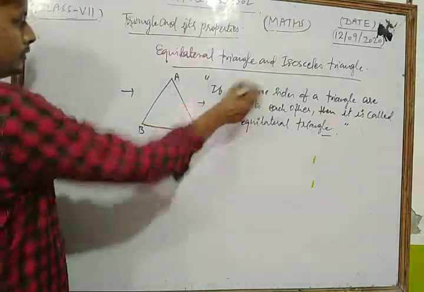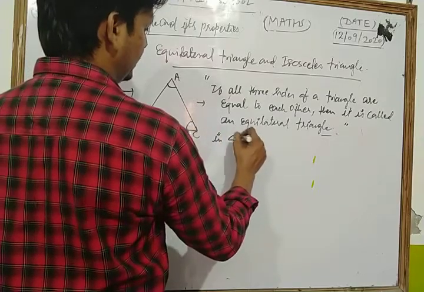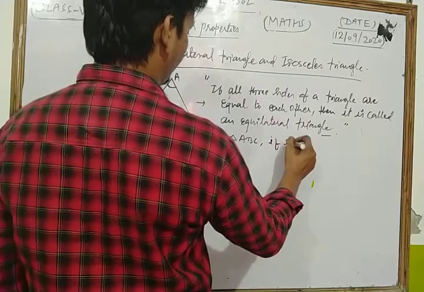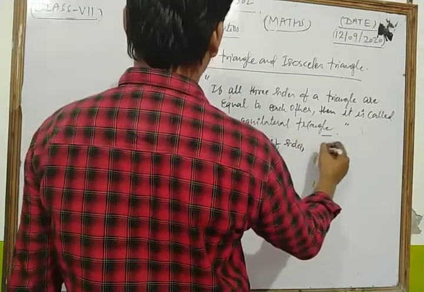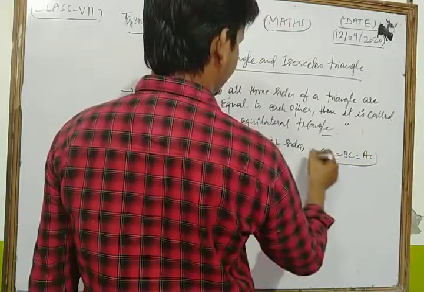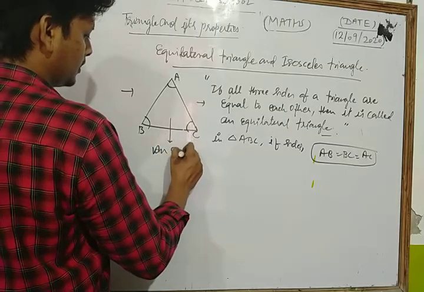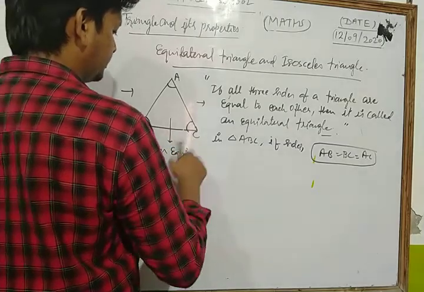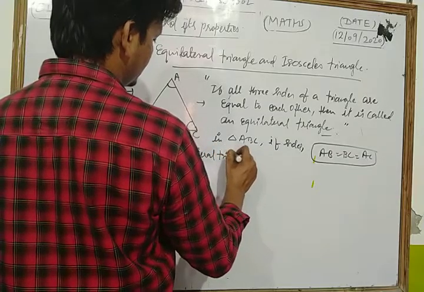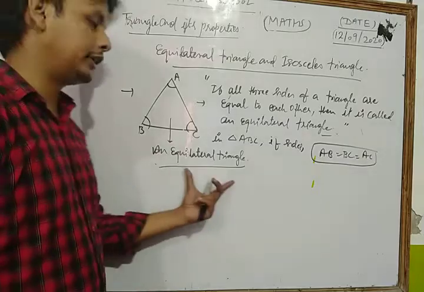So let's see. In triangle ABC, if sides AB is equal to BC is equal to AC, then it is said to be an equilateral triangle.